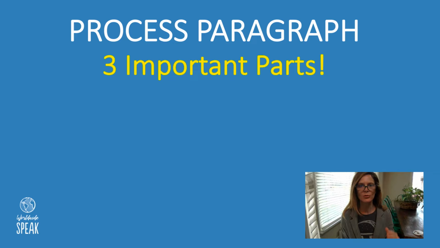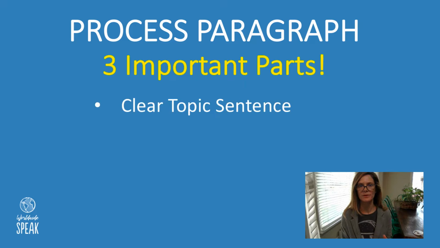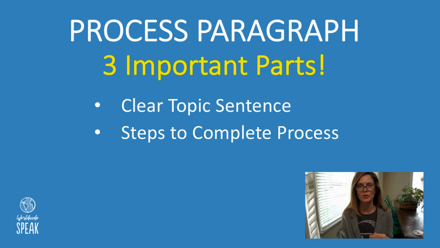There are three really important parts of your paragraph. The first is you need a very clear topic sentence so your reader completely understands what you're talking about. You are going to have steps to complete the process.